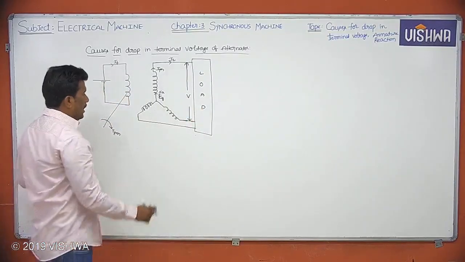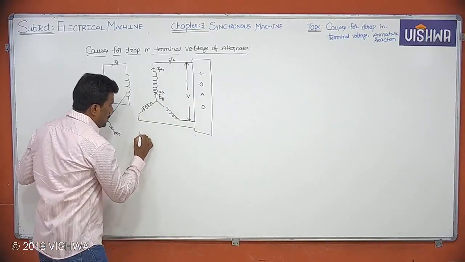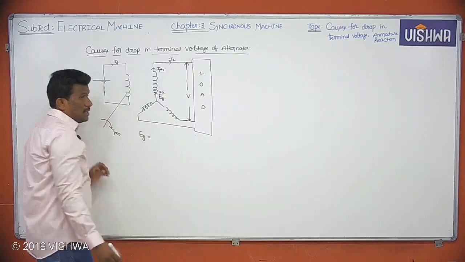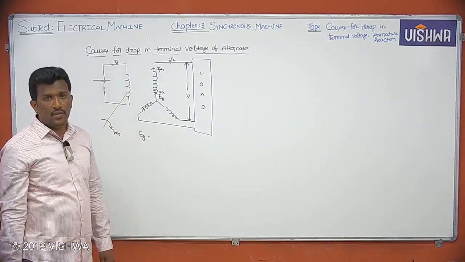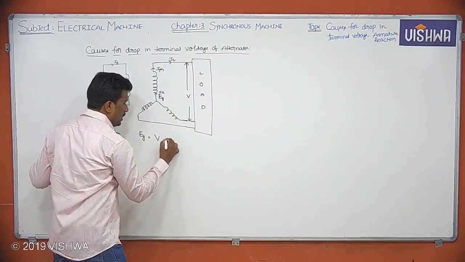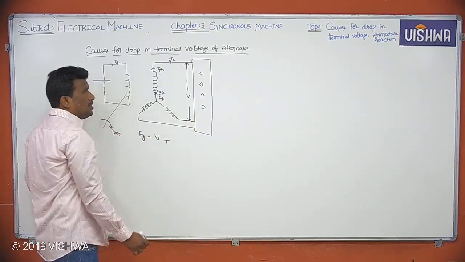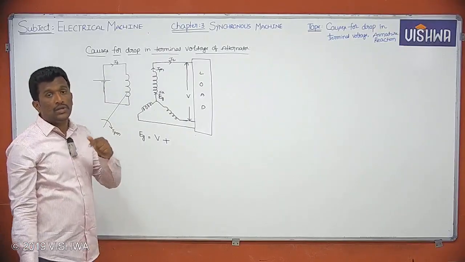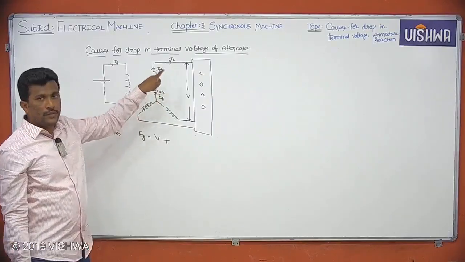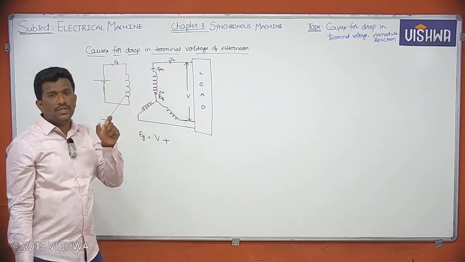And you just tell me, I can call this E as generated voltage. E is equal to load voltage V plus so many drops. What are those drops? Through this armature winding, if current IA is flowing, armature winding will have some resistance RA.